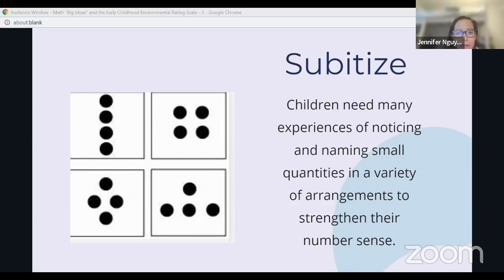As children master the 4 dots with the 2 sets here, where my pointer is, you can start introducing the different arrangements and see if they can subitize, instantly know how many in a different arrangement. And again, the end state here is having the children have a deeper understanding of number sense and quantity.